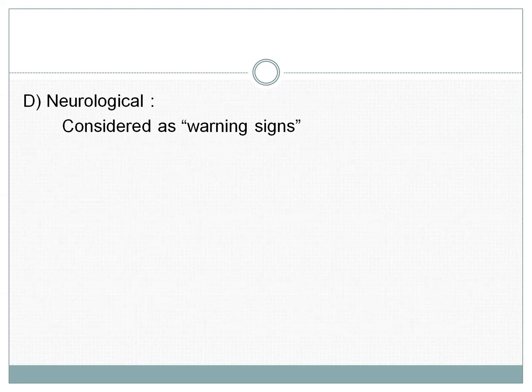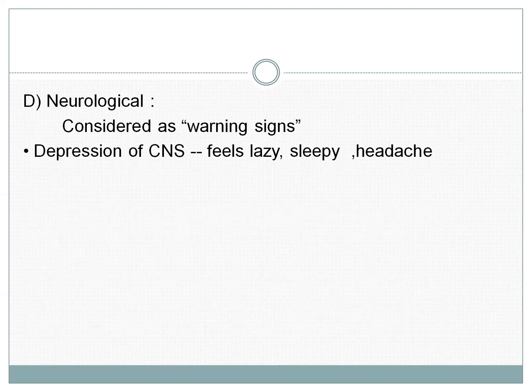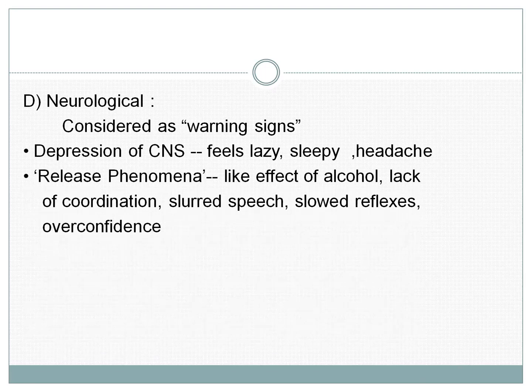Neurological responses will generally be considered warning signs. So there is depression of the CNS. If someone is feeling lazy, sleepy, or is having a headache or complaining of headache, these should be considered warning signs. Then there are release phenomena like the effect of alcohol, lack of coordination, slurred speech, slow reflexes, and overconfidence.